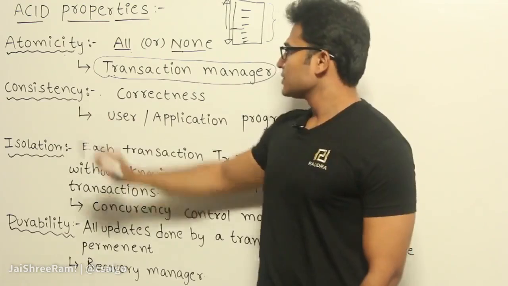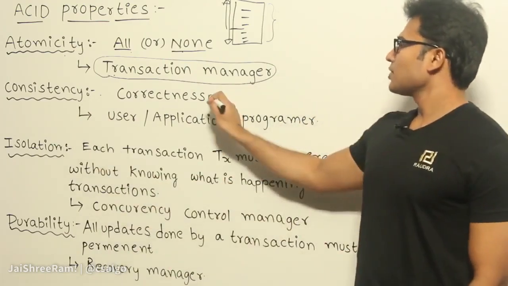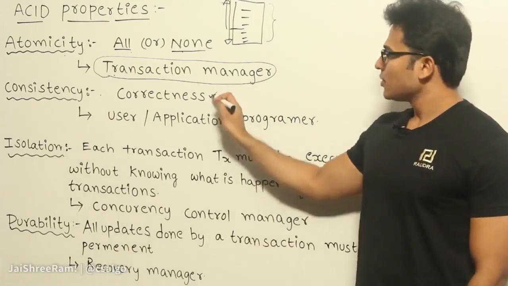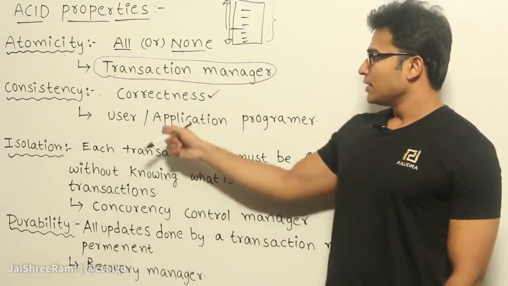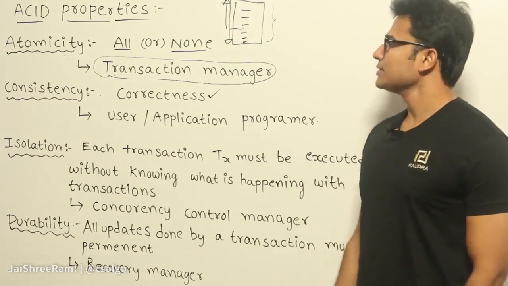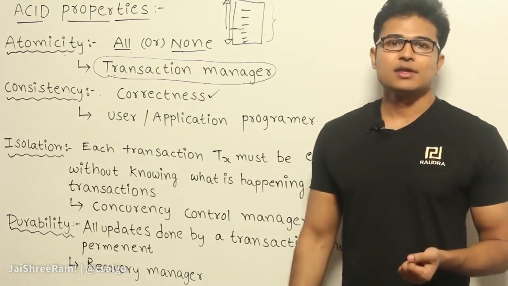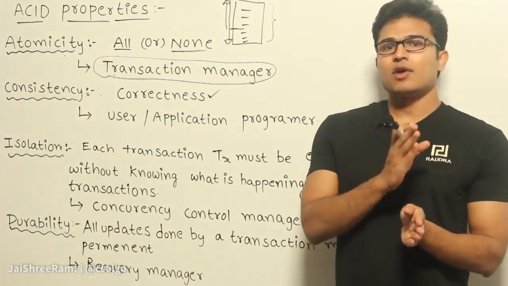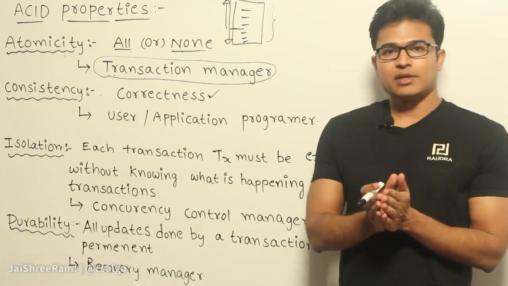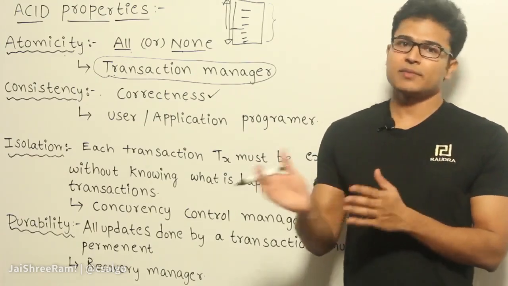And the next one is consistency. Consistency means after executing the transactions, or let's say we are looking at one transaction, the data should be consistent, right? So what is consistency? Let us say in the previous case, you are transferring an amount from A to B. Before transferring, let us assume the balance of A plus B is some number.